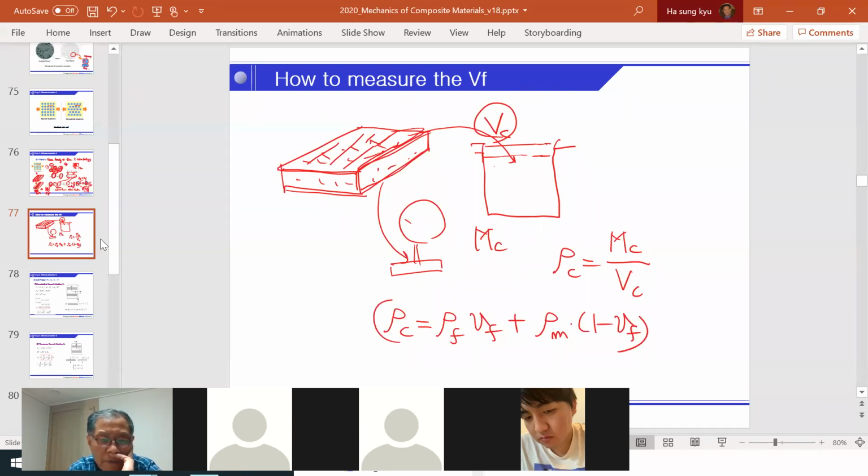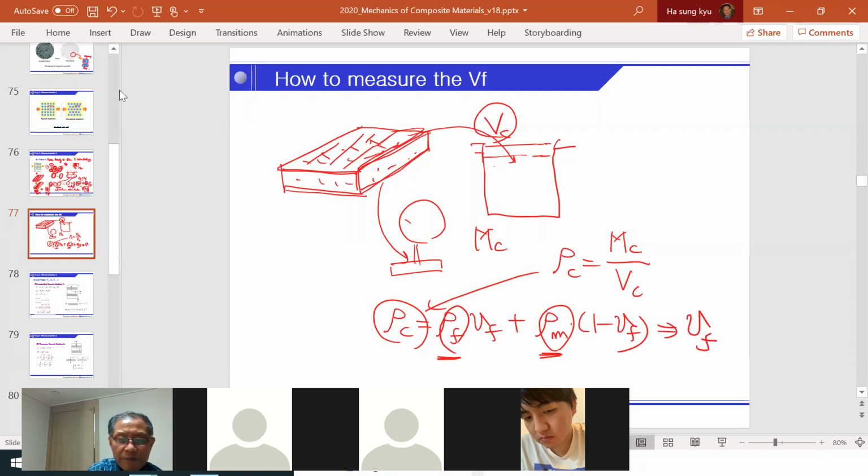And these are given: the density of a fiber and the density of a matrix can be separately measured, right? So from these equations, these can be given and this can be given. And so this is how we calculate the V_F.